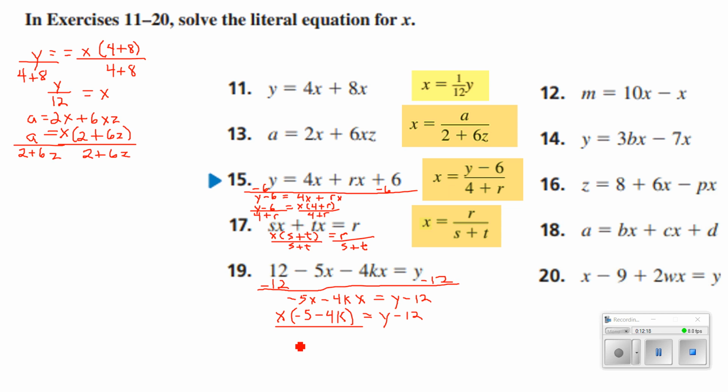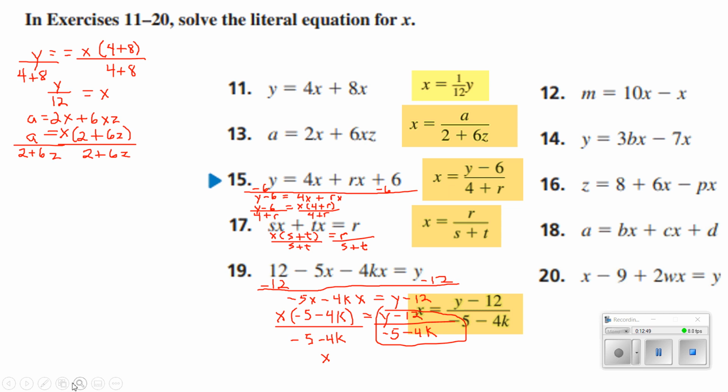I'm going to divide negative 5 minus 4k away, leaving me with x, which means I have to divide negative 5 minus 4k from this side. My answer should be x equals y minus 12 divided by negative 5 minus 4k.